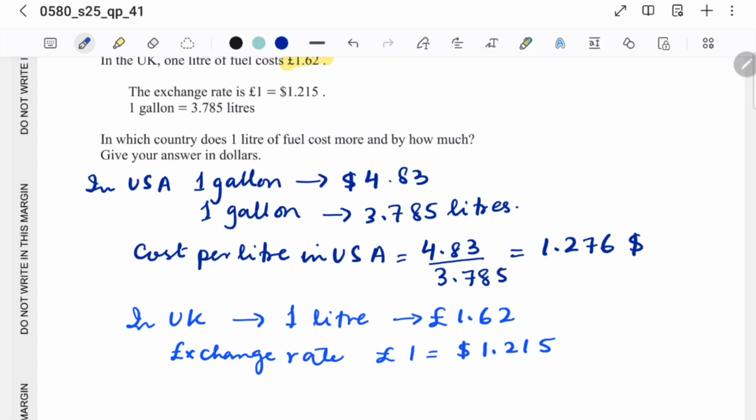So for that we need the exchange rate, and 1.62 pounds will be equal to how many dollars?